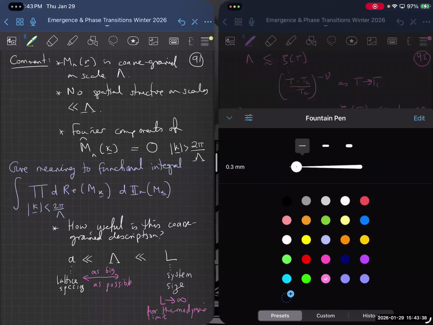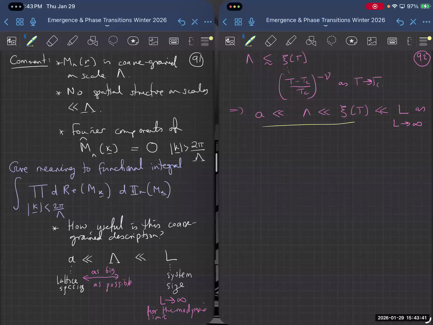This range is a huge range of scales as we get closer and closer to a critical point. This coarse graining is just another way of saying that the regions over which the degrees of freedom behave as one variable increase as you get closer to the critical temperature. That is a very good thing for us because this description becomes very useful.